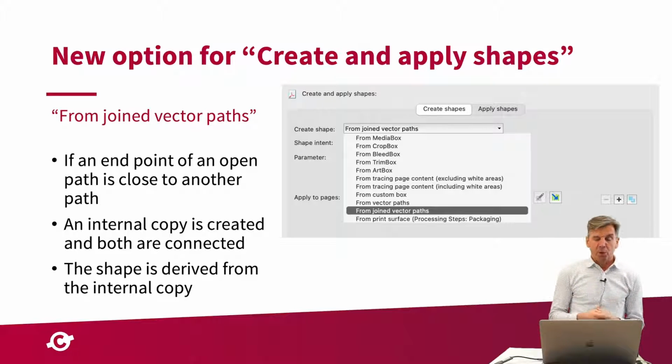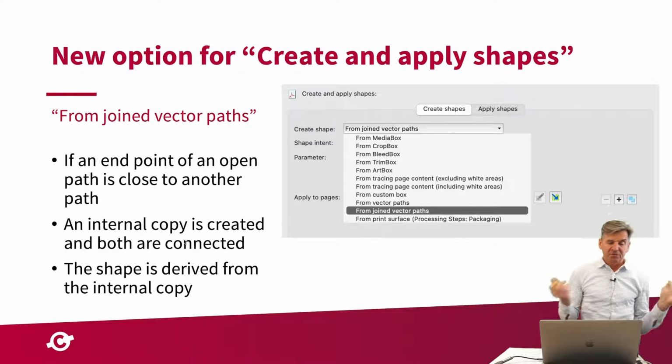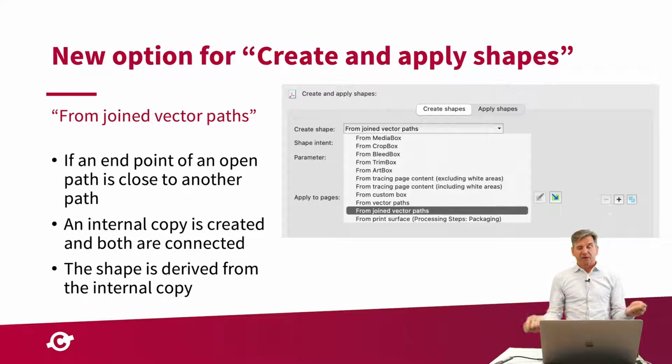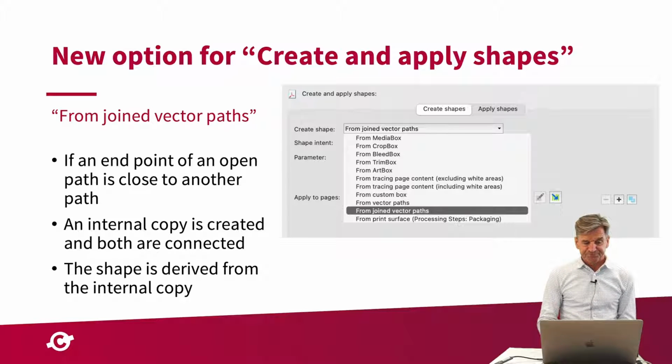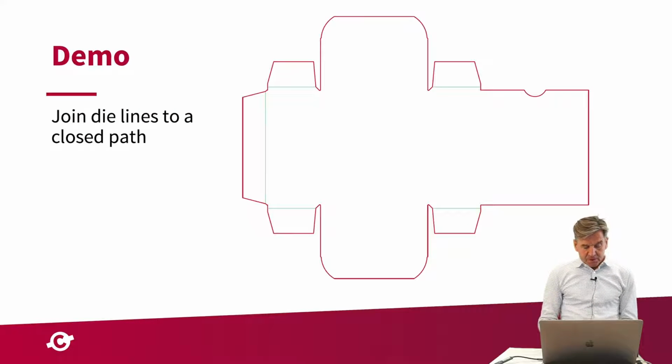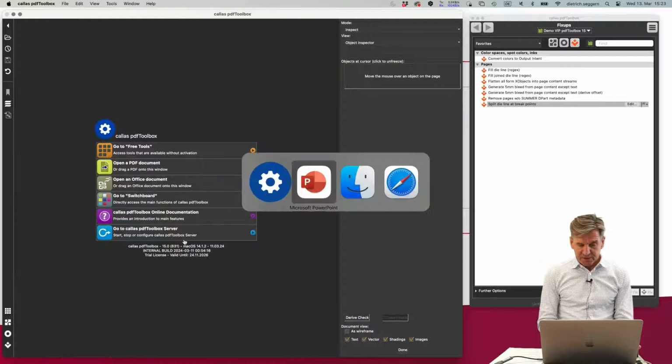And it will only do so if it's open. And if it's open and if such things are there, then it will internally create a copy, connect them, and will then use that copy for creating the shape. And that also is something visual, so we should have a look.